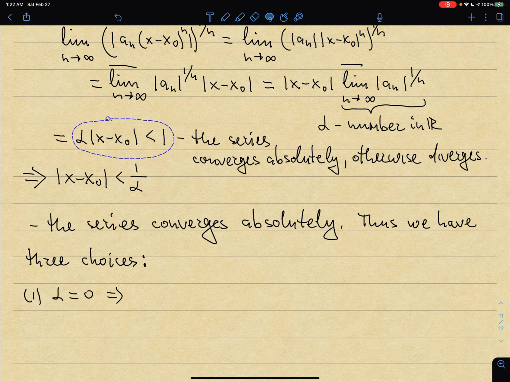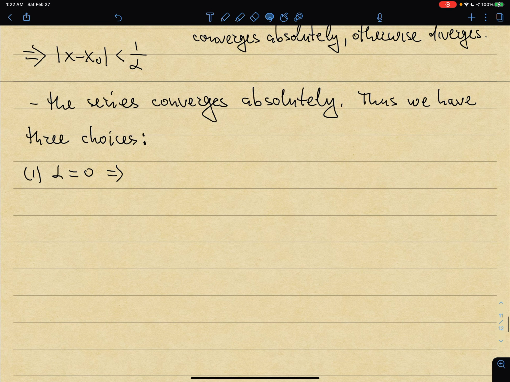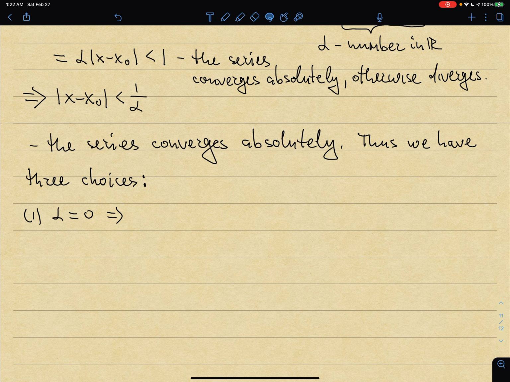If alpha is equal to 0, then really it doesn't matter what |x - x0| is. The left-hand side of the inequality is 0, and it is always less than 1 regardless of what x is. So then I can conclude that my series is going to converge regardless of what x is. So it converges for all x.